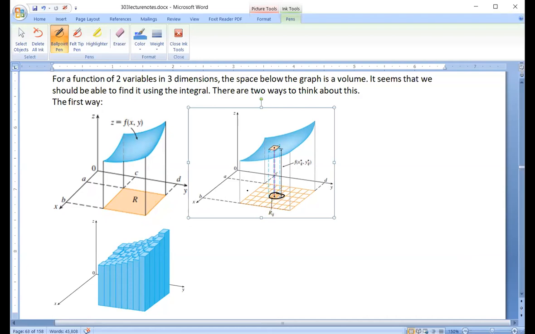Over that, we then make the three-dimensional object for which we know the volume the easiest, and that's a rectangular solid. That's an approximation of the volume just over that little piece of the domain. And over here in the bottom left, you see all the rectangular solids put together, and that's an approximation of the volume under the entire surface.